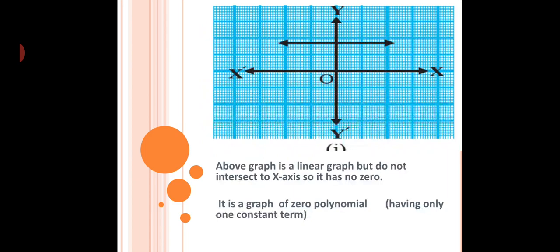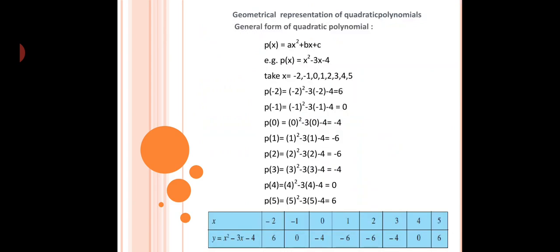There is no term which contains a variable in this type of form. So under that condition, if you draw the graph, it is linear but obviously parallel to the x-axis and does not intersect the x-axis. Get it? Such a kind of polynomial is called a zero polynomial. So that is the graph of a zero polynomial.